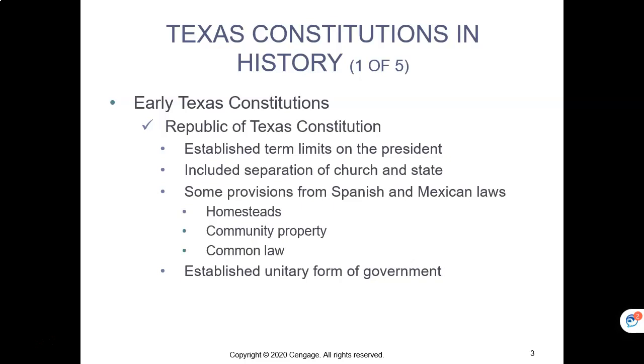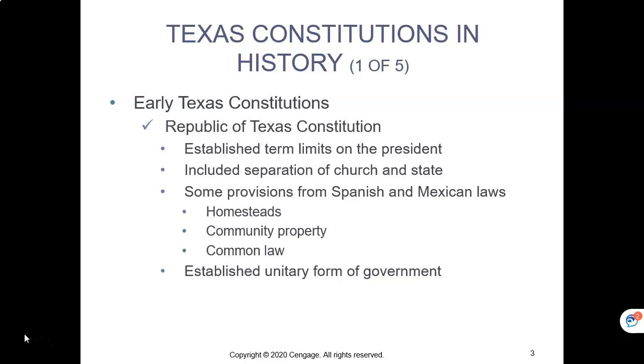The last thing that we'll talk about in this Constitution is the fact that the government that was formed was a unitary form of government. Now, you know the word uni means one, meaning that there was only one branch of government, and the Republic of Texas did everything.